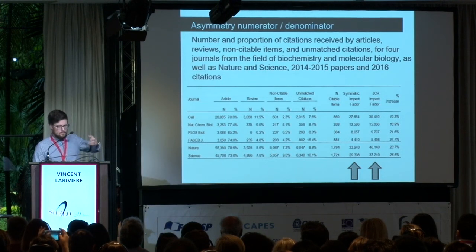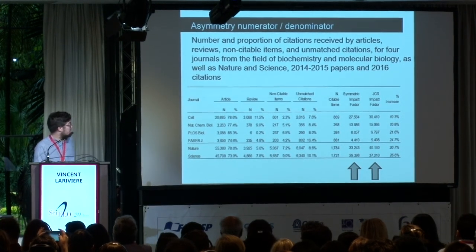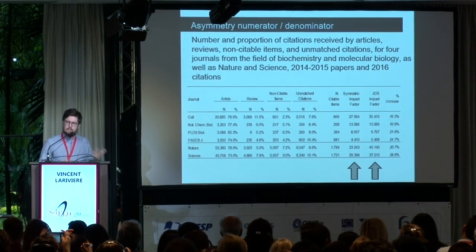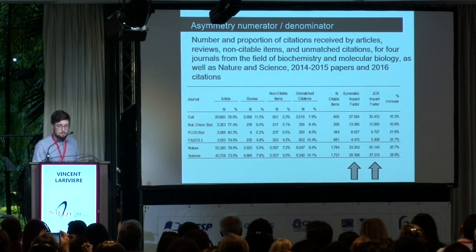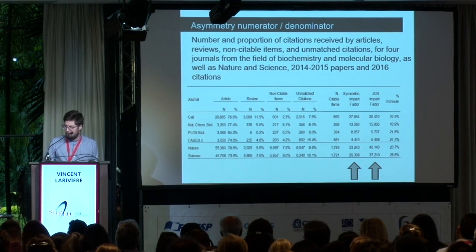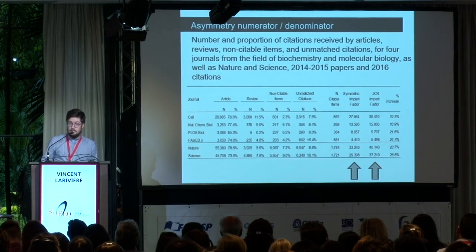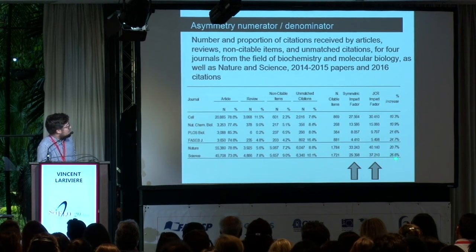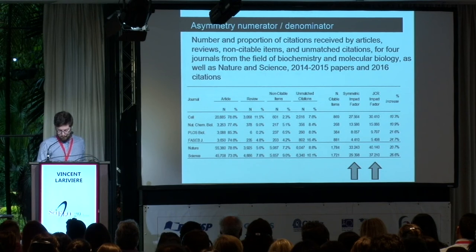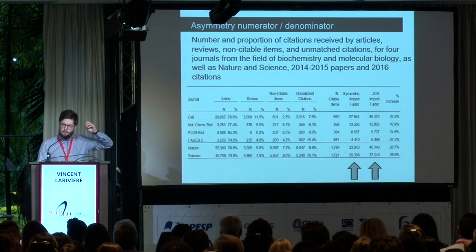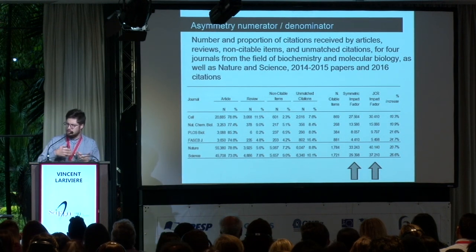This one is at the core of many of the issues with the indicator, and it's the asymmetry between what's counted in the numerator and denominator. So basically, that asymmetry leads to an overestimation of the impact factor of journals that publish a lot of front material, like editorials, letters to the editor, etc. So if you look at Science and Nature, for instance, their asymmetric impact factor is about 20 to 25% higher than a purely symmetric impact factor, where things that are at the numerator would be the same as what is in the denominator.